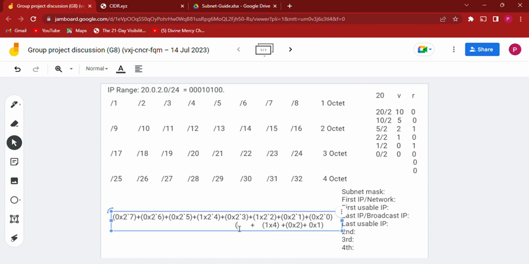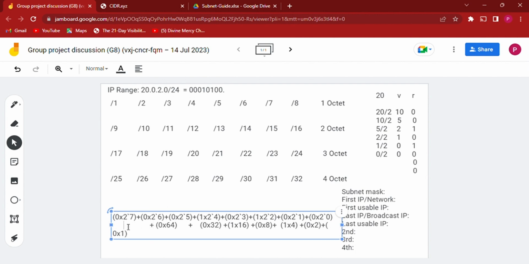Plus 2 raised to the power 3 is 8, so 0 times 8. Plus 2 raised to the power 4, 16, 1 times 16. Plus 2 raised to the power 5, 32, so 0 times 32. 2 raised to the power 6 is 64, so 0 times 64.